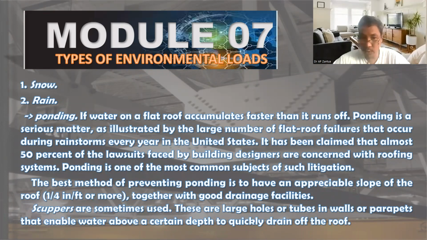We use tubes, either plastic or elastomeric tube, and put them on the walls or parapets as the provision for water going off the roof.